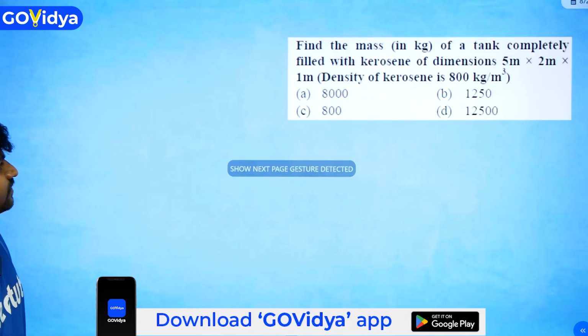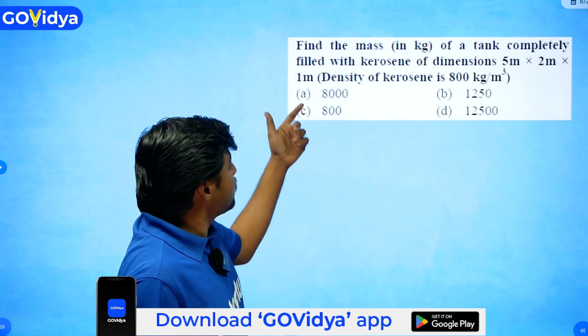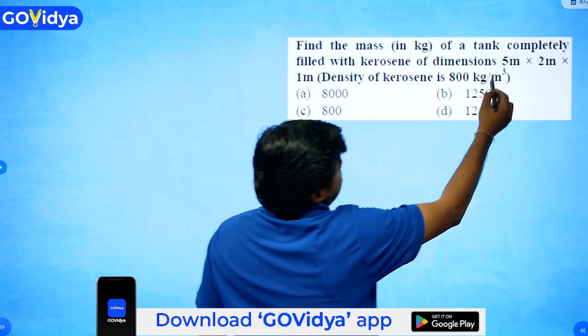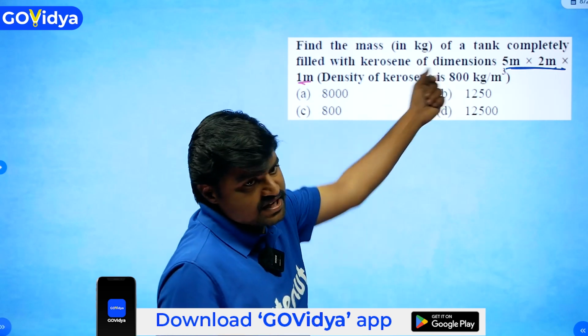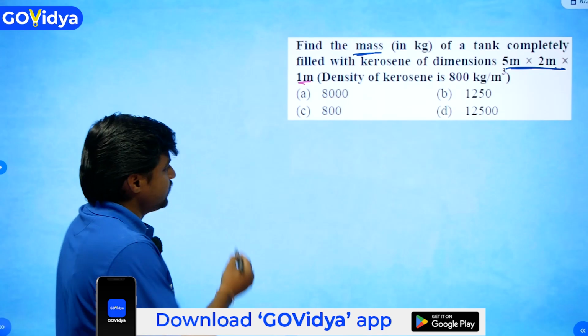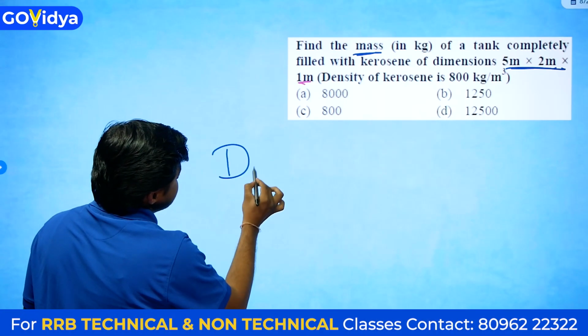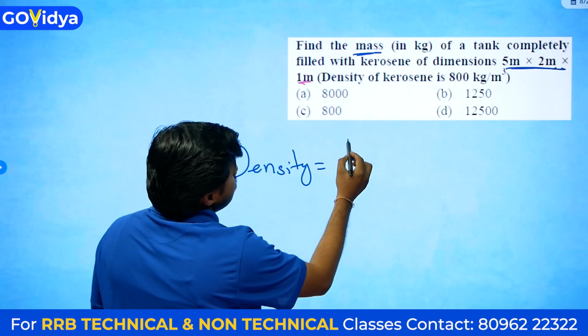Find the mass of the tank completely filled with kerosene with the given dimensions. The tank dimensions are given, and the density of the kerosene is also given. They are asking to find mass. The formula of density is mass by volume.